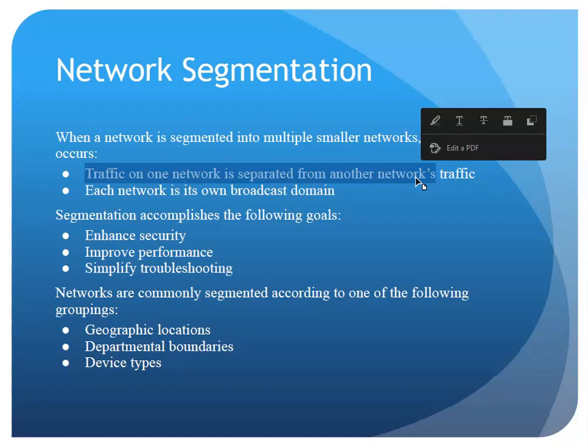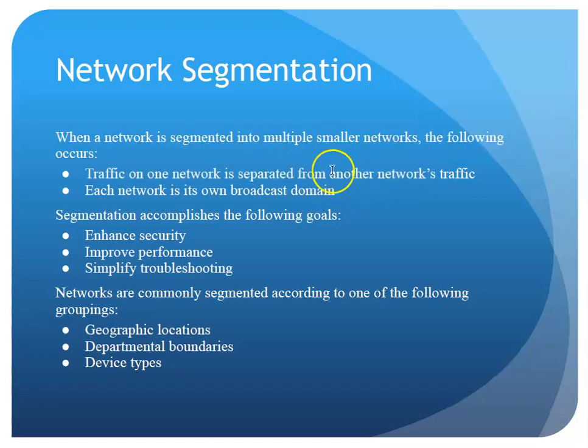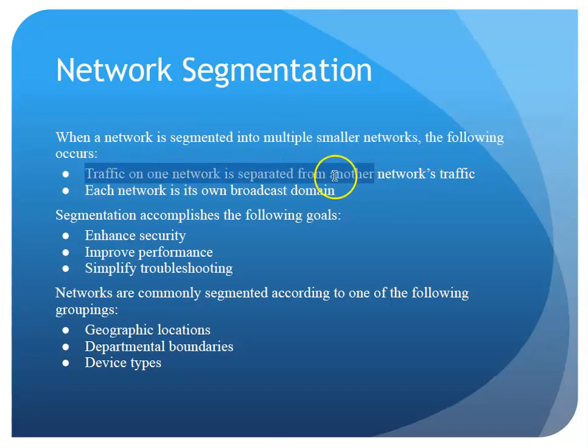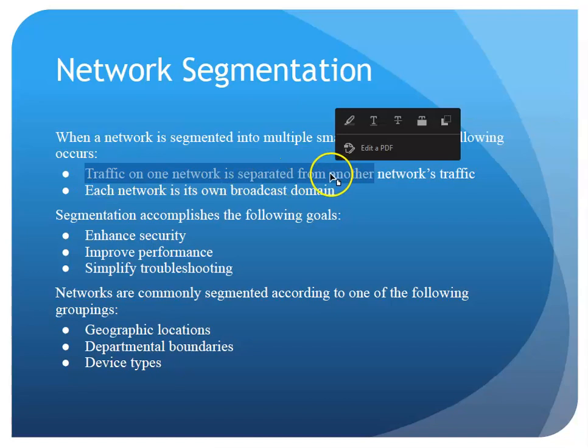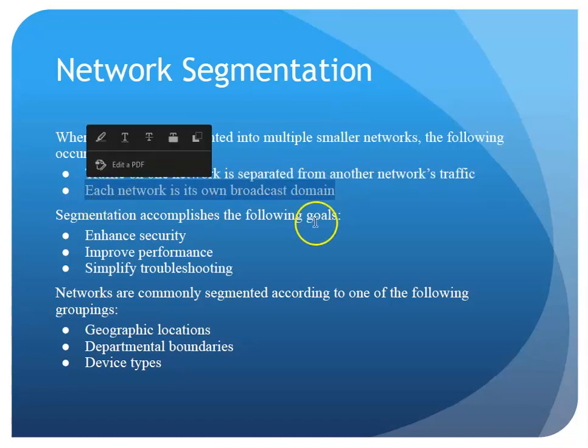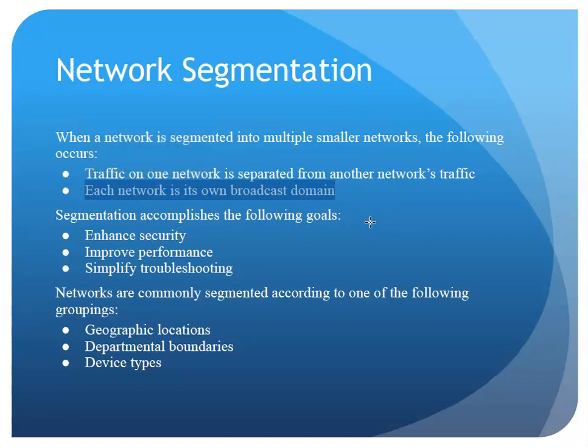If I keep the traffic in that building, it's not clogging up the network in other buildings. So when I segment a network into smaller networks, we are trying to keep traffic on one part of the network separate from another part of the network. And I'm also trying to keep each network its own broadcast domain. There are protocols out there that by default are going to broadcast.